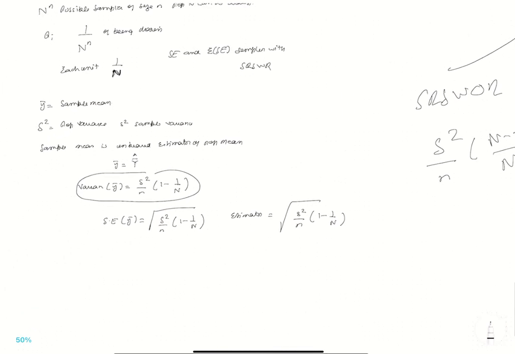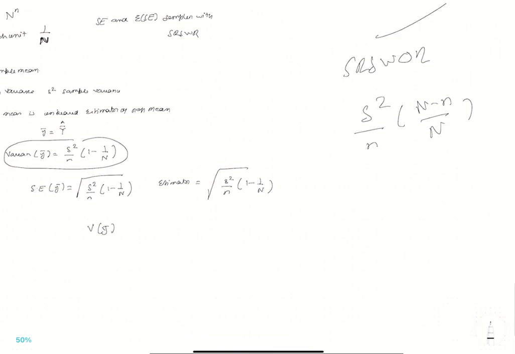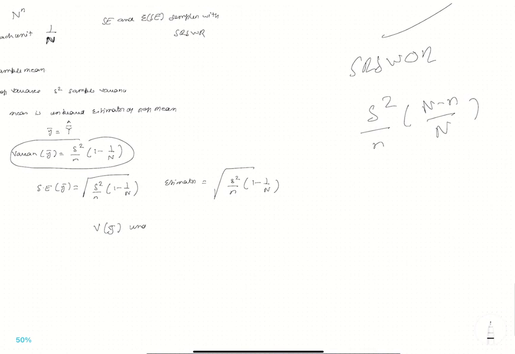So what that means is that the variance of y bar under SRSWR is (N minus 1) upon (N minus n) times the value under SRSWOR, because these two expressions are the same.